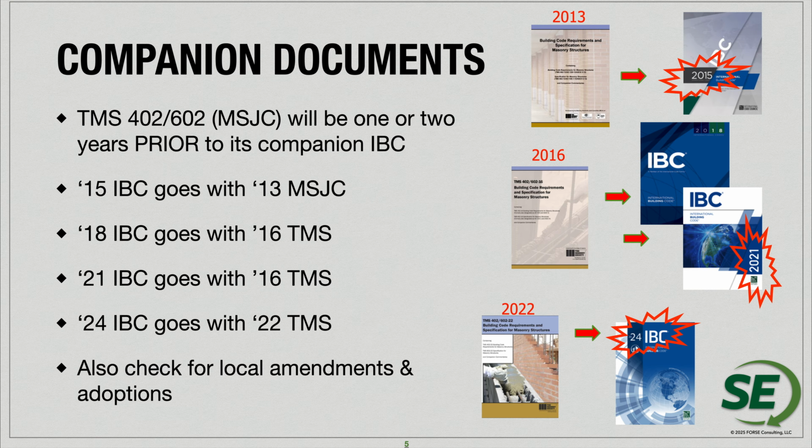In 2016, it simply became TMS 402-602, which was then referenced by both the 2018 IBC and the 2021 IBC. And bringing us all the way to today, the current masonry code is the 2022 TMS 402-602 code, which is going to be referenced by the 2024 International Building Code.